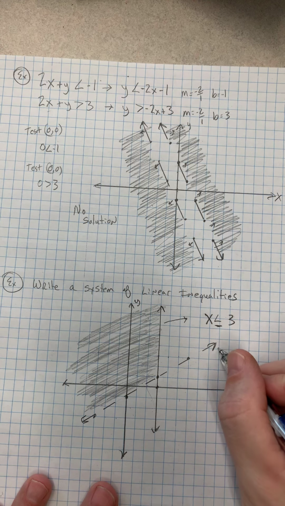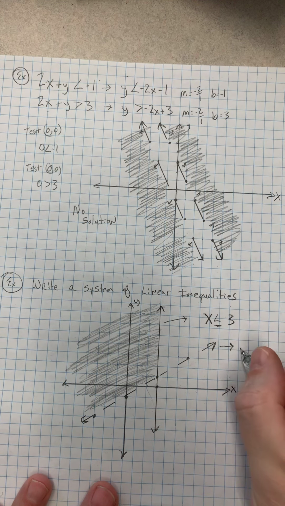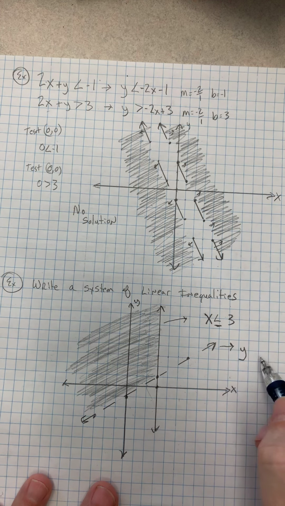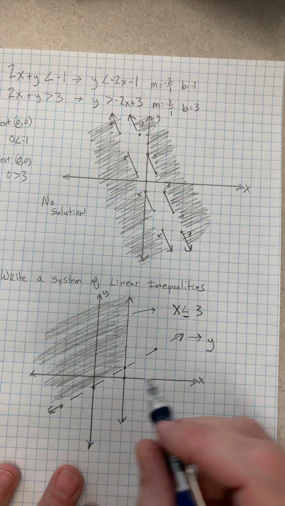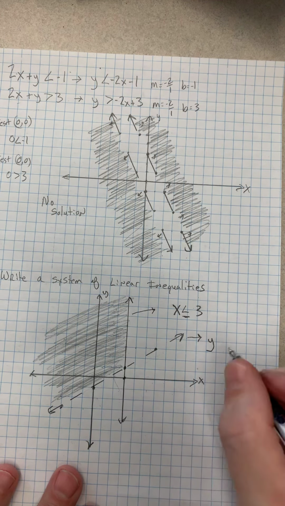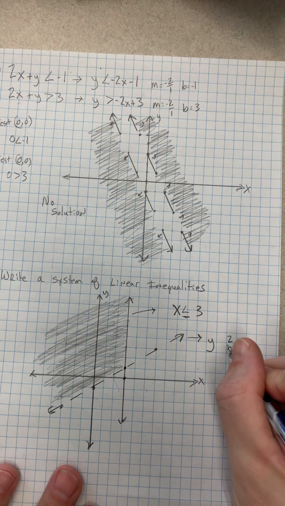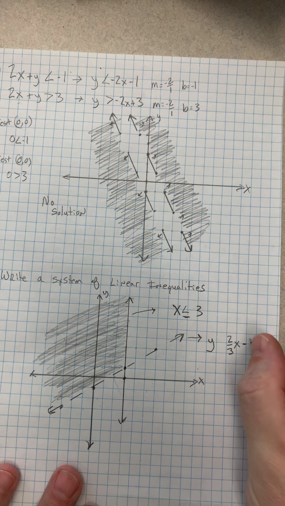This line right here would be y, and if I just think of it as y equals mx plus b, to get from here to here, a rise of 2, a run of 3, you would have 2/3 x, and my y-intercept is -1.